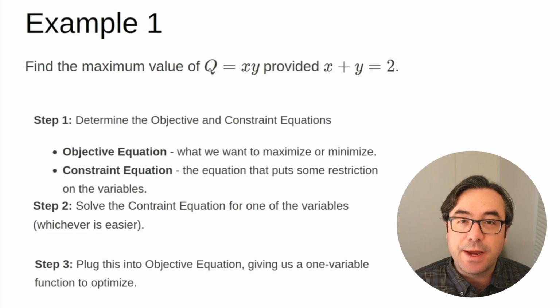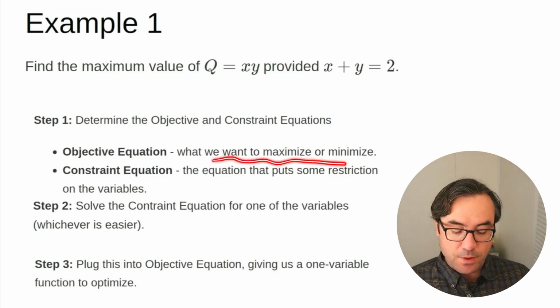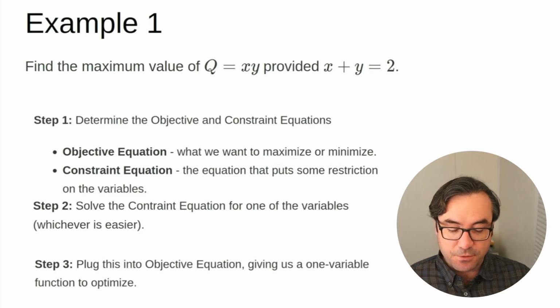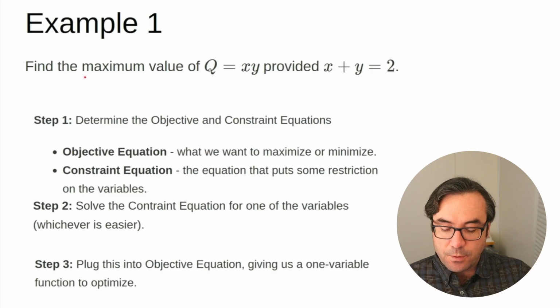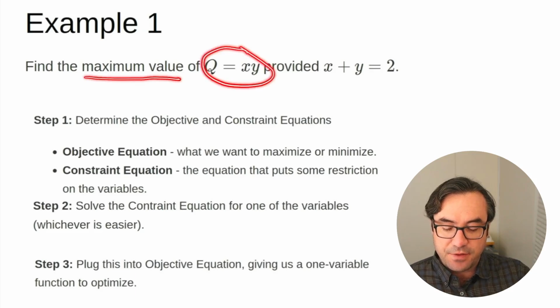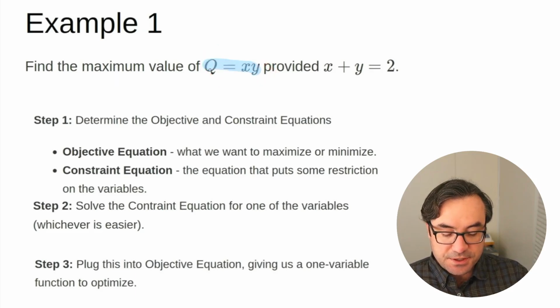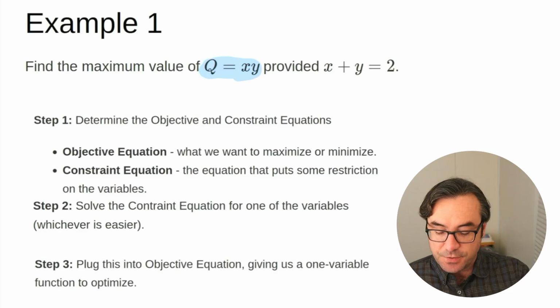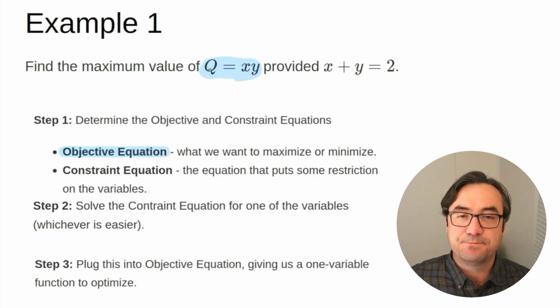The objective equation is whatever we want to maximize or minimize. In this case, we want to find the maximum value of this, so this is the expression that we want to maximize. That's going to be our objective.